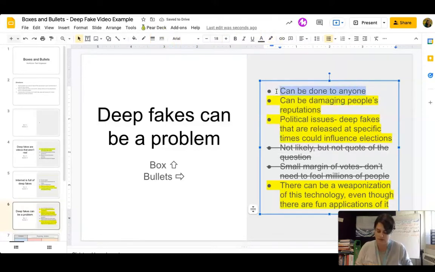It can be done to anybody, but I have three facts here that are really related to this being a problem. So now, I still see my details, but I can really focus on the actual important details that clearly link back to my main idea here. So I have my information and my evidence organized.